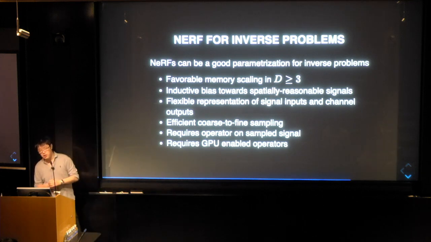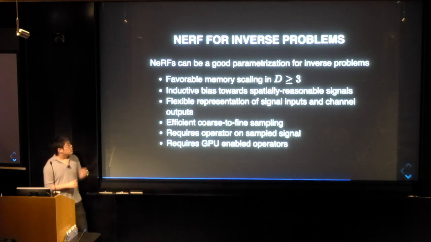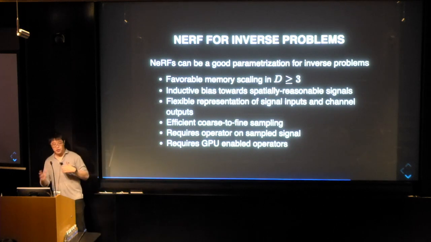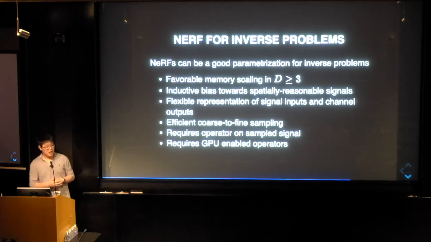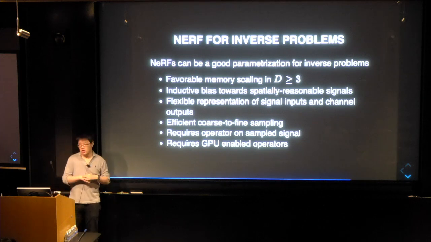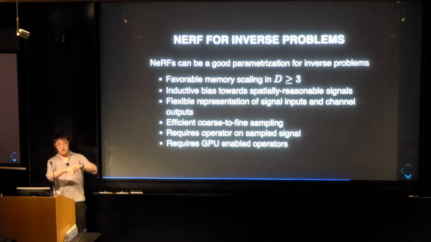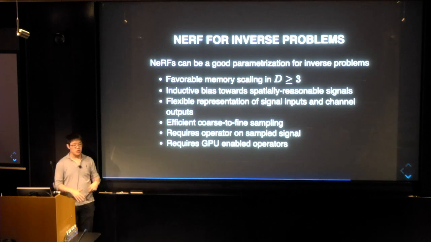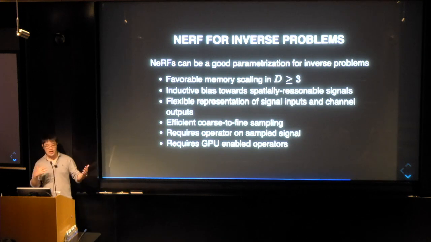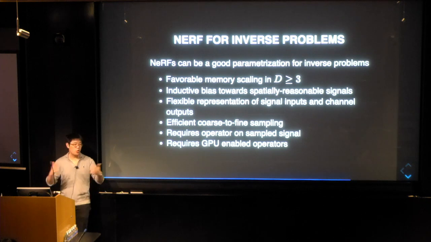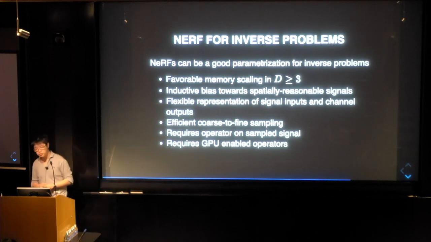It has a very favorable inductive bias. The representation is very flexible, so you get to try different things. And it very naturally does coarse-to-fine sampling. NeRF itself is a function, so I can sample the function with 1 point per angstrom or with 10 points per angstrom, and there's a natural trade-off that I can make throughout training that doesn't require me to resample my grids or anything like this.